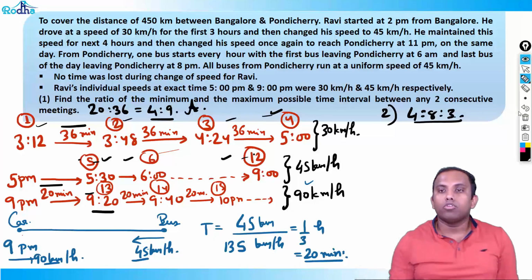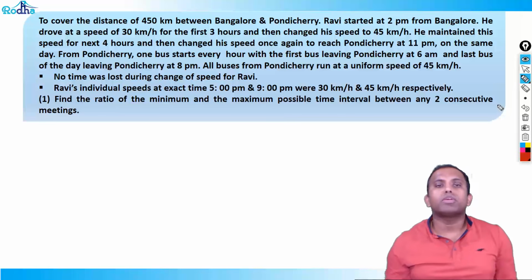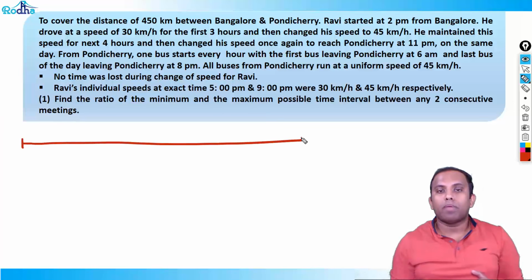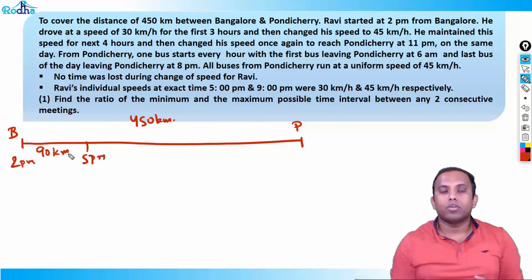Now I'll show you how to do this question very fast, almost without pen. This is also very important. Observe that once you make this diagram, the distance between Bangalore and Pondicherry was 450 kilometers. The first 3 hours, from 2 p.m. to 5 p.m., cover 90 kilometers.